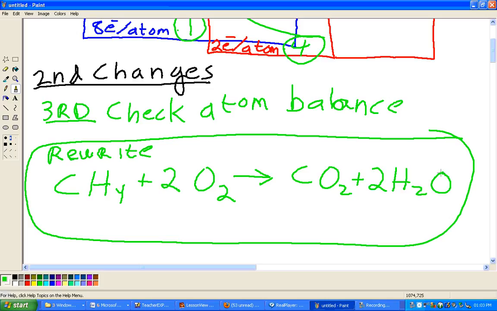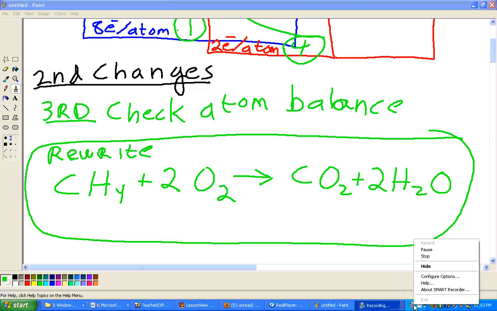Now, folks, up to this point, you actually could have balanced it the old-fashioned way.